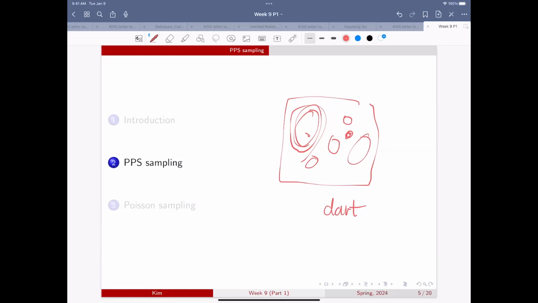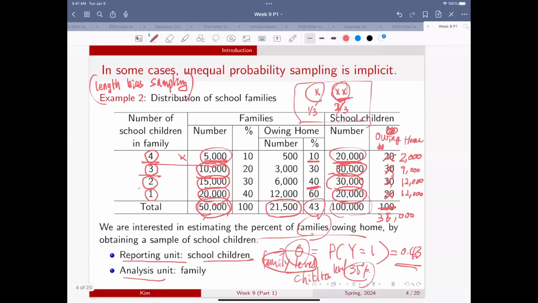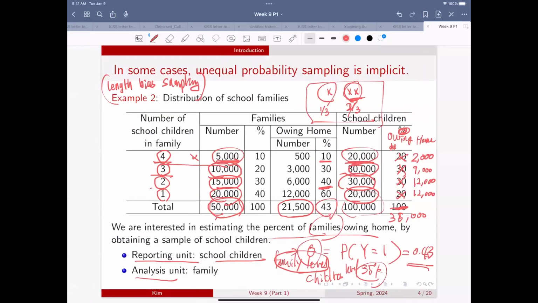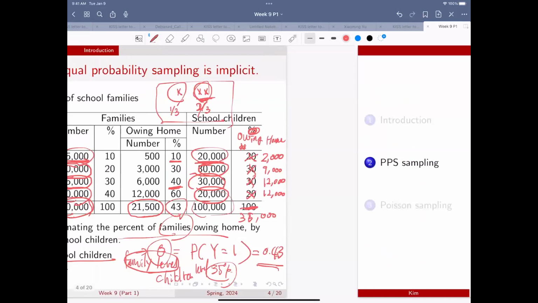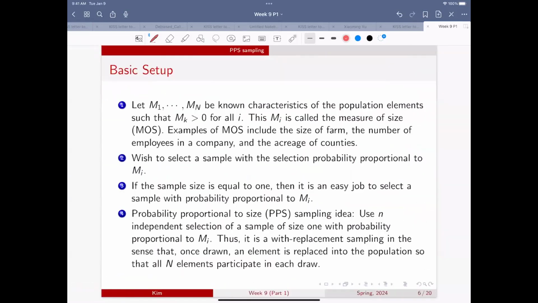So we need to take this size information into account in order to correct the bias. Otherwise, you get a biased sample.